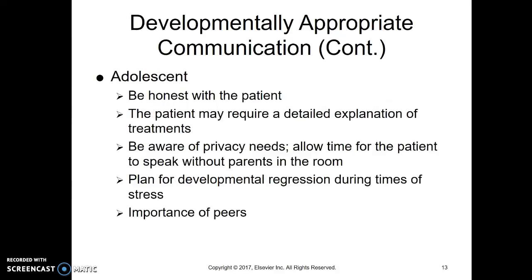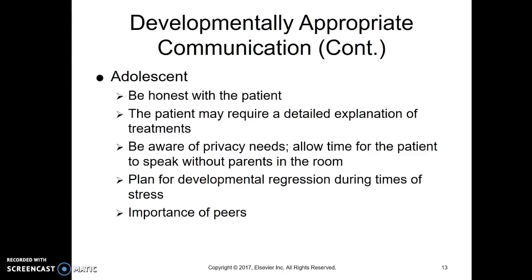And then when we get to adolescence, these kids want us to be honest, so be sure you are being honest. They also want good detailed information. They're going to Google it, right? These guys are much more tech savvy than most of us. They're going to figure out what's going on.